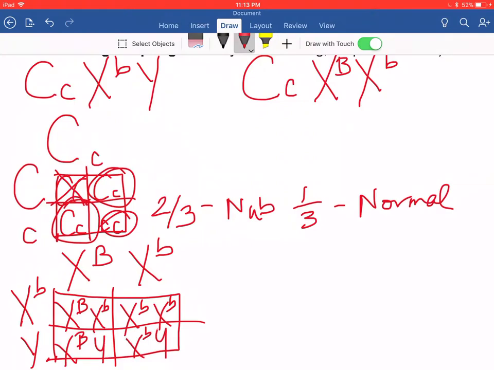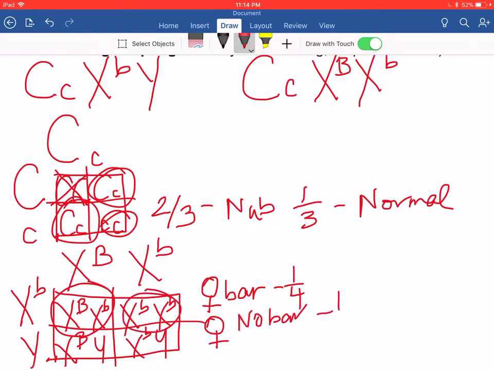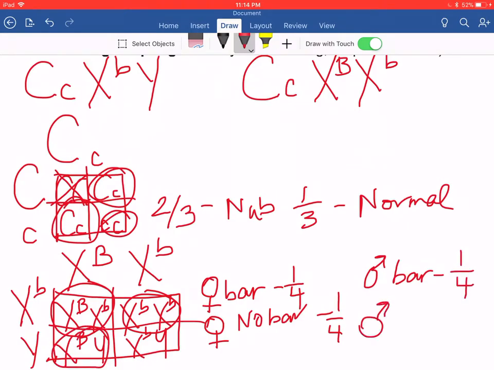So what you can see here is that you're going to end up with a female who is barred, so female and bar 1/4 of the time. And you're going to get female with no bar 1/4 of the time. You're going to have male with bar at a ratio of 1/4 and male with no bar at a ratio of 1/4.